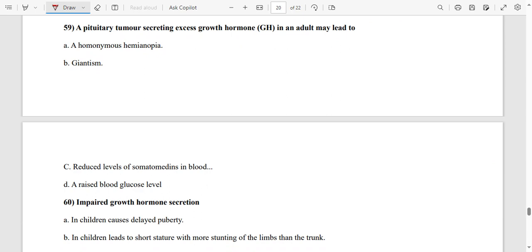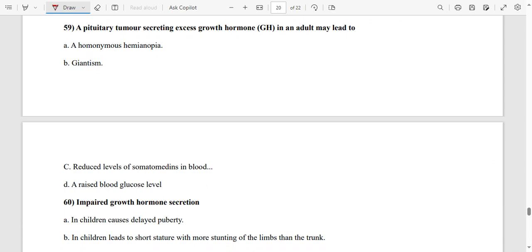So imagine there is a tumor on the pituitary gland and there is excess growth hormone being produced. What do you expect? Homonymous hemianopia, gigantism, reduced levels of somatomedins in blood, a raised blood glucose level.